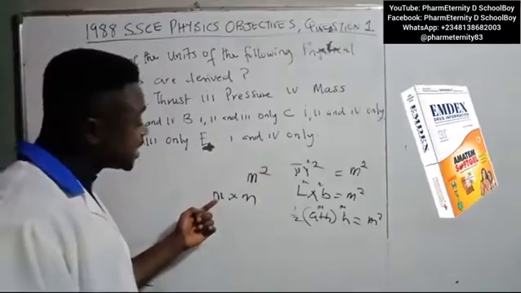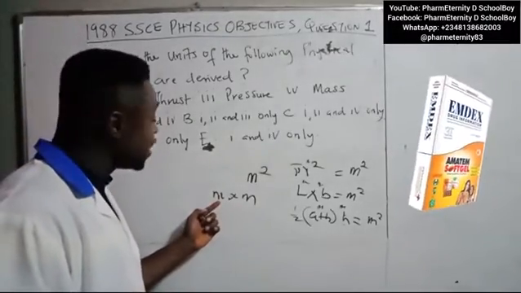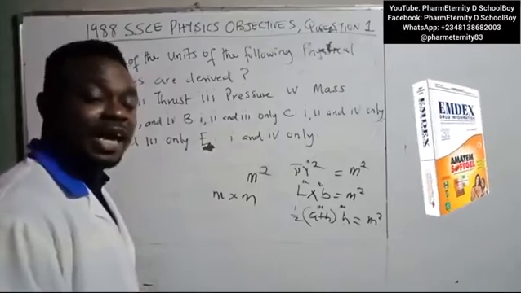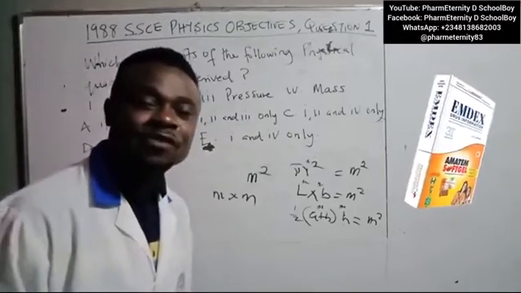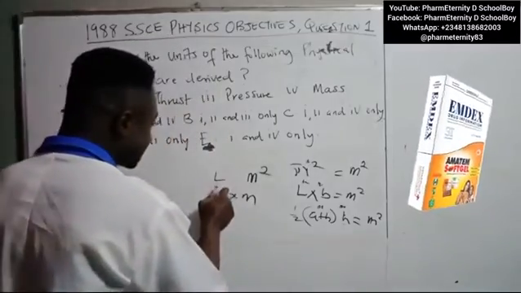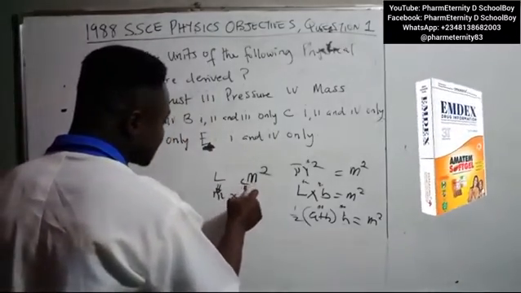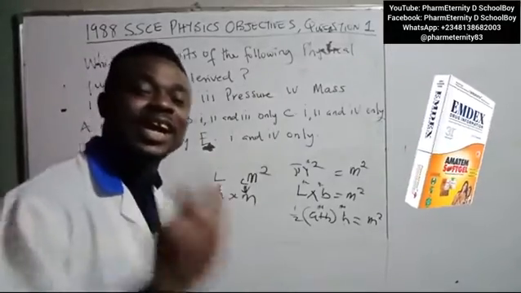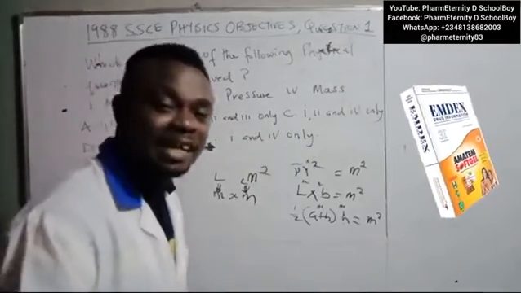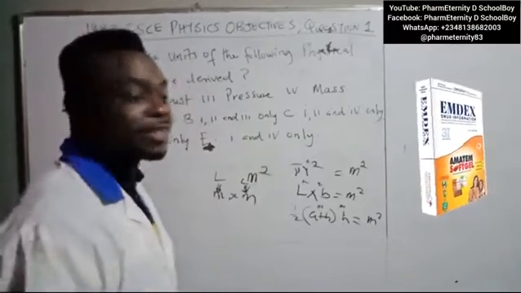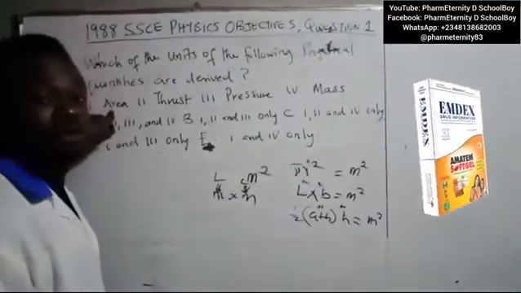So it is derived from a fundamental unit. Area is derived from length, and length is a fundamental quantity. So this is a derived unit.